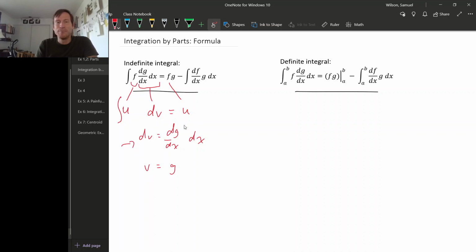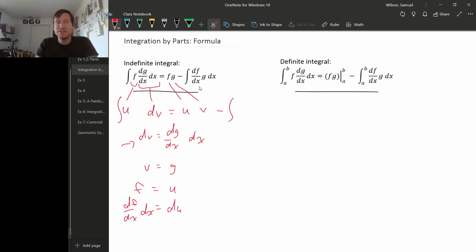So this g here is just v minus integral of, so right, we said that f is, we called it u. Well, if we take differentials, du, right, f is a function of x, so du is going to be df dx times dx.